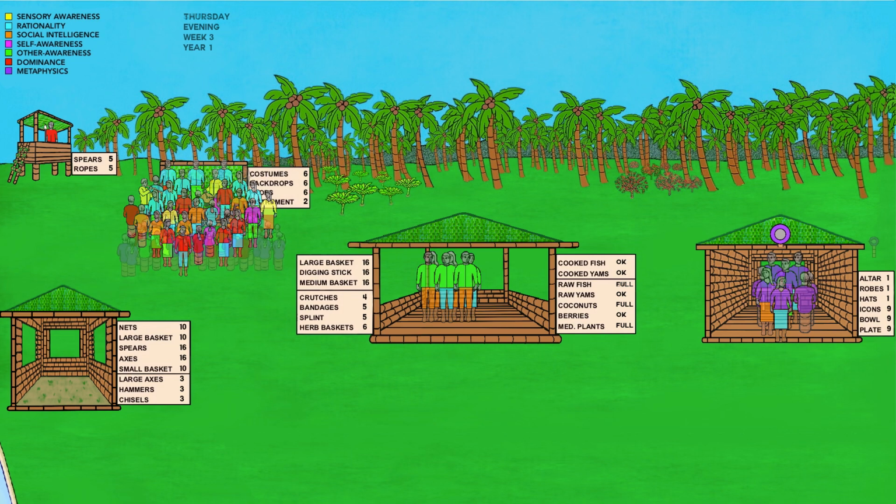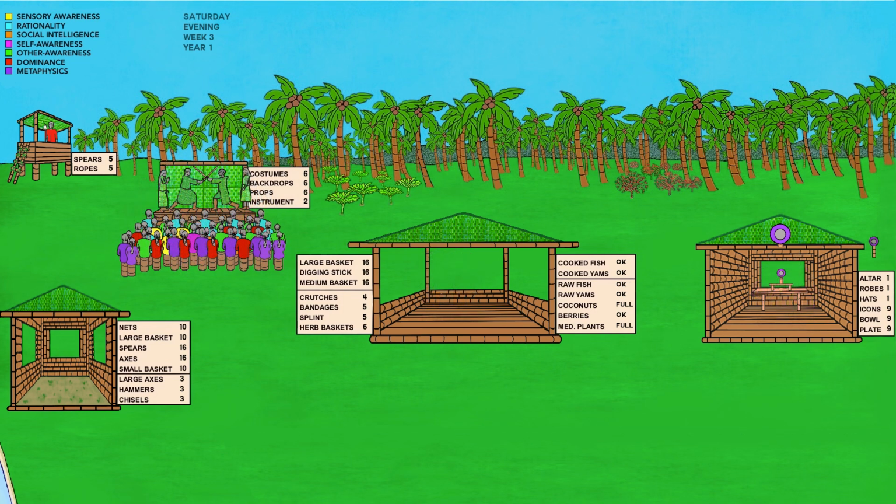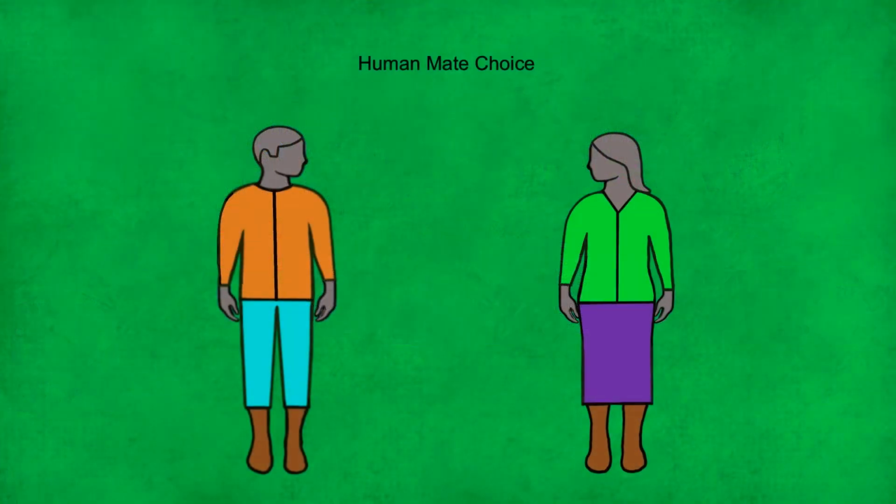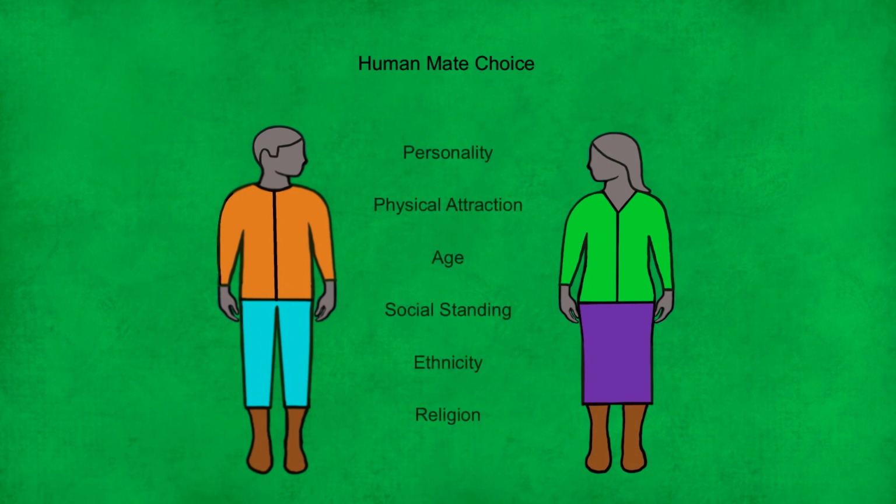Now that they have food security and a sense of welfare, they start to pair up.